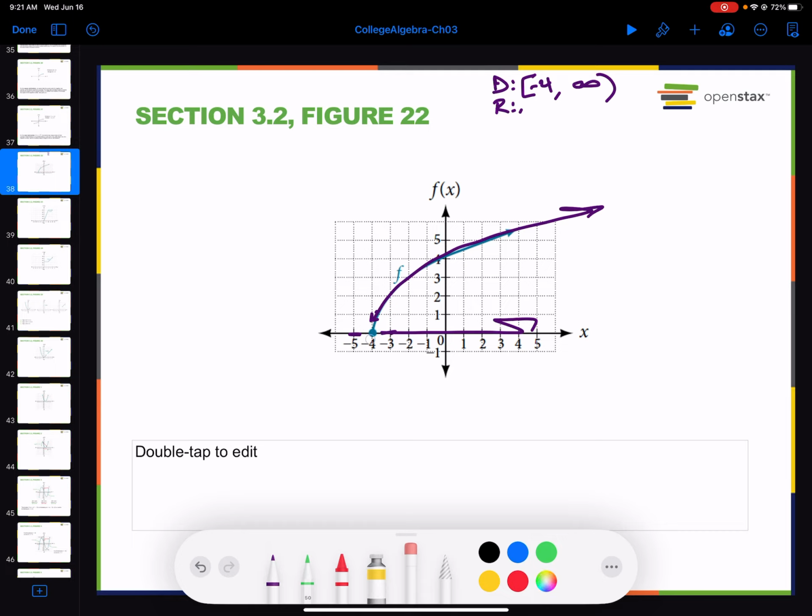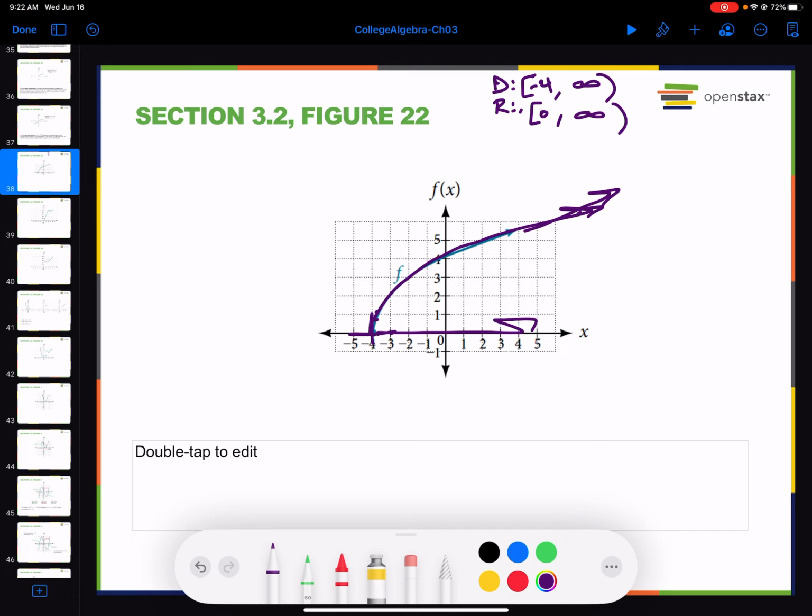It's including that point on the number line. So it's going to go from 0 to infinity, because that keeps going up. So that's going to be our domain and range for that one. Let me just double check this one.